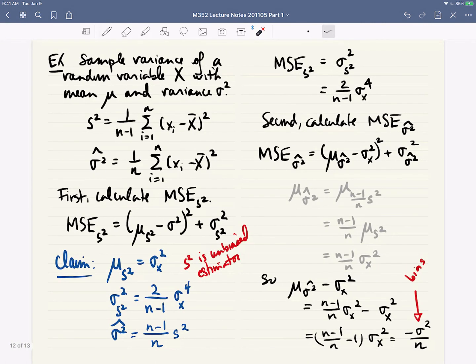That is to say, this is a better estimator of variance of a random variable, not this one. So I will ask you to think about, why is it that we prefer this estimator?